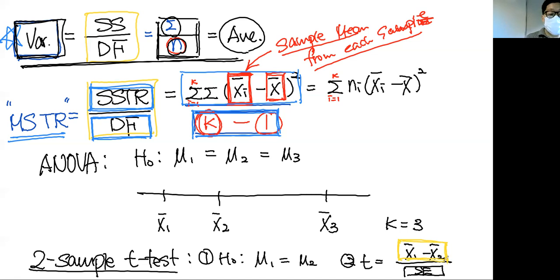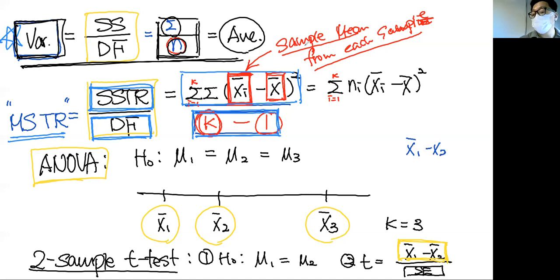But now, in ANOVA, we have 3 sample means. So when I take the difference, we have to take x1 bar minus x2 bar, x1 bar minus x3 bar, and even another difference between x2 bar and x3 bar. There are so many differences.